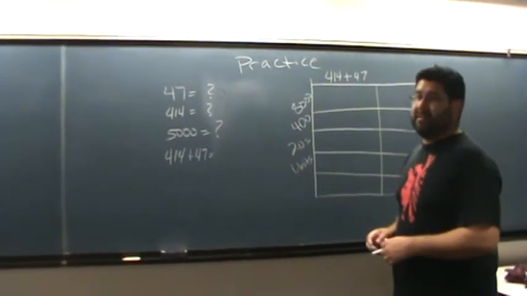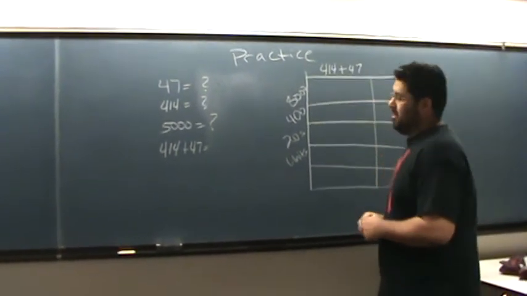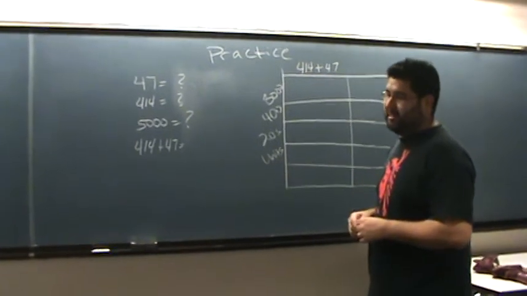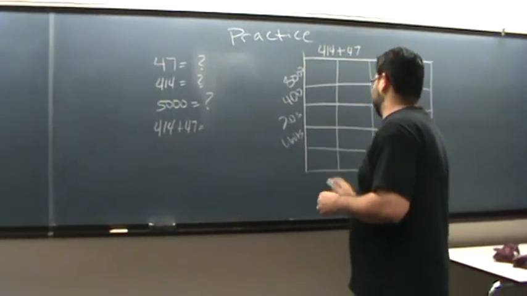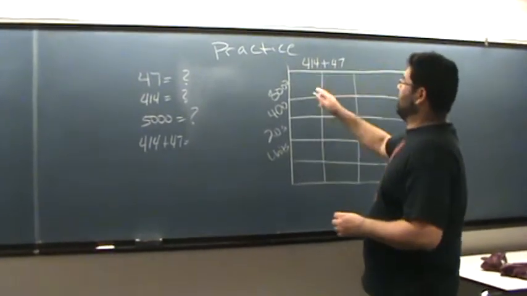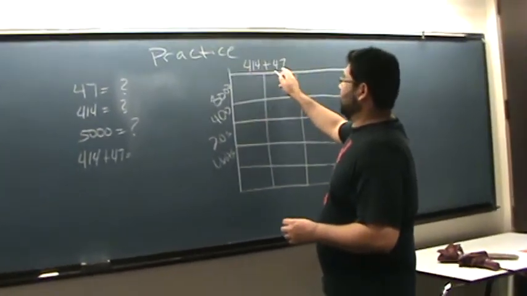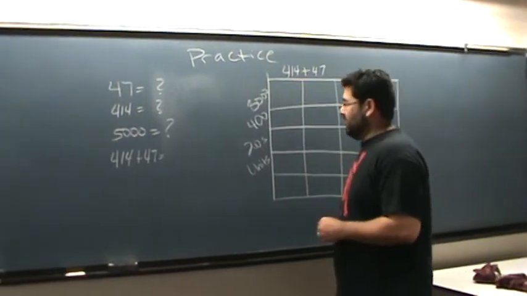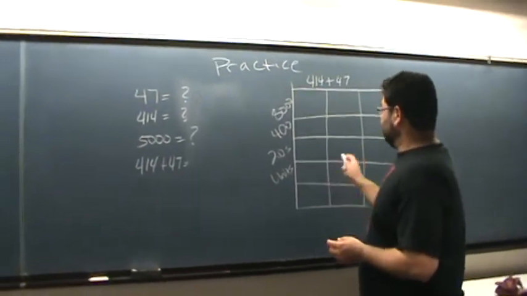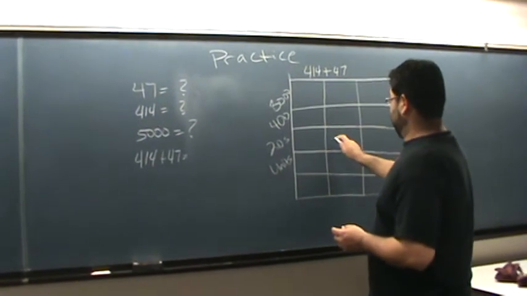What we're going to do now is the addition, how addition was done back then. So what you do is set up the same table, and you would do your 414 plus the 47, however you want to do it. So we'll just keep it the way it's written out.